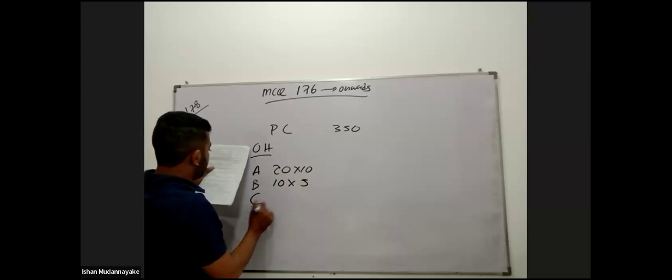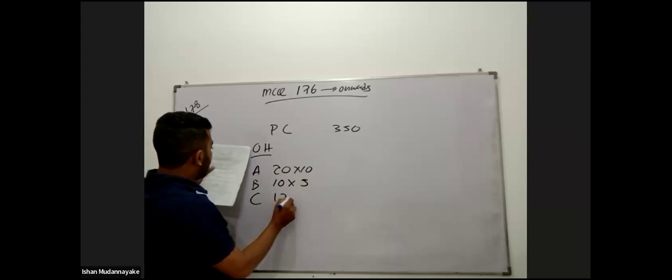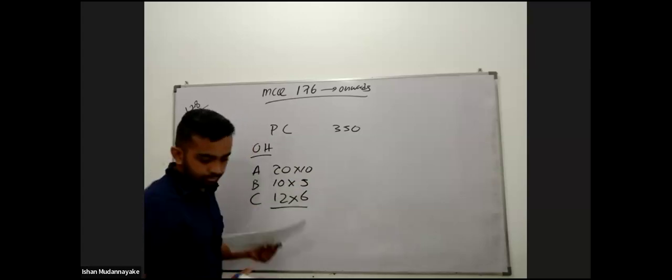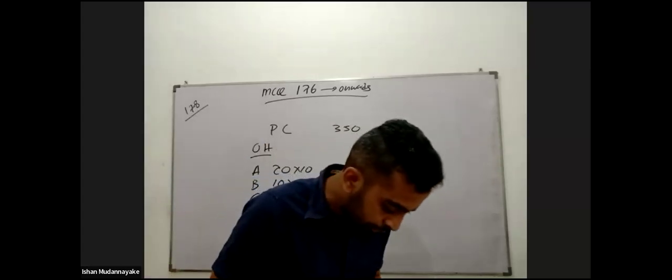Production department C, 12, labor hours 6. Then you can calculate the overhead cost. How much?